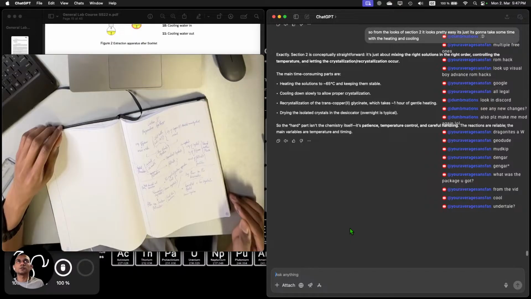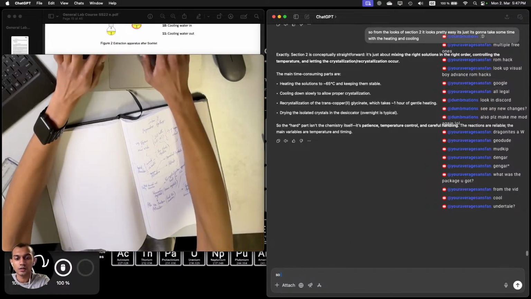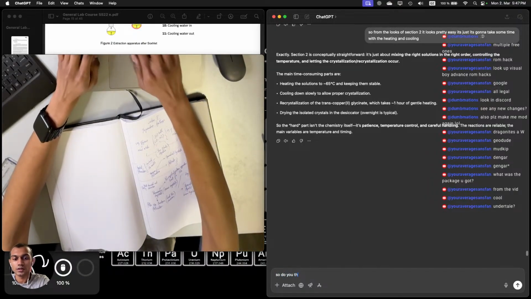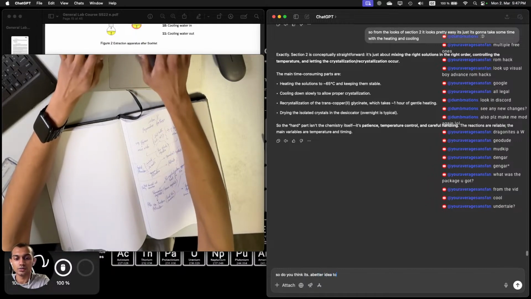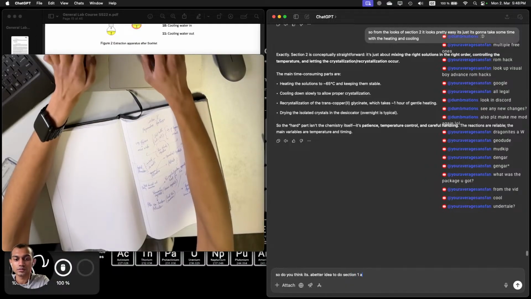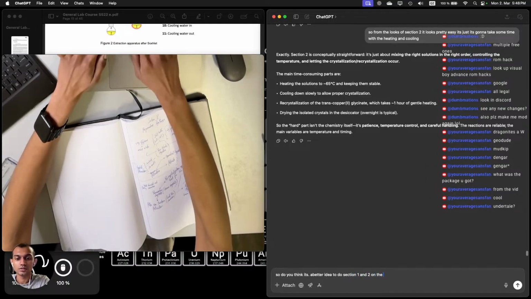It's just about mixing the right solution. So, do you think it's a better idea to do section 1 and 2 on the same day?